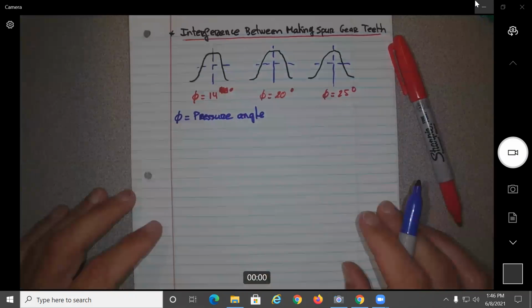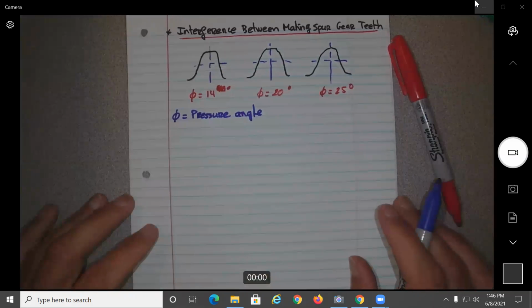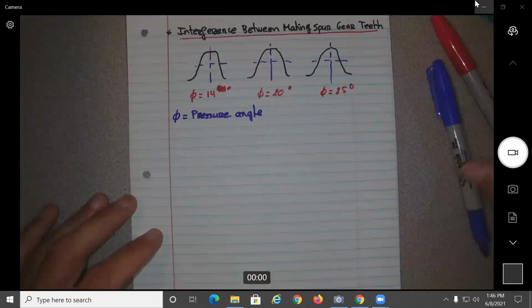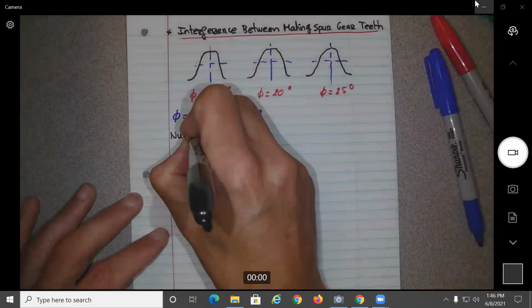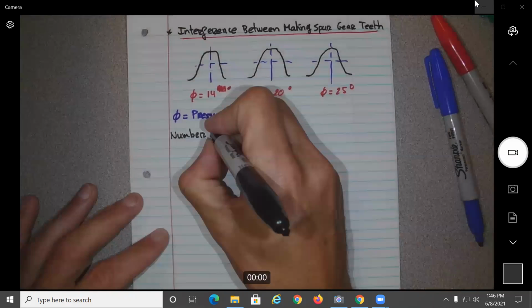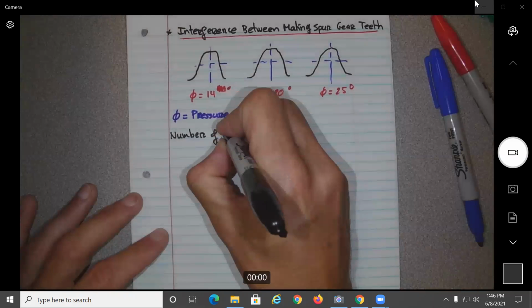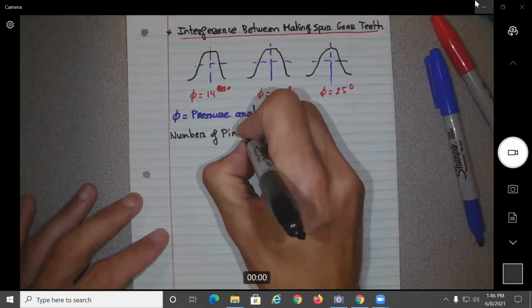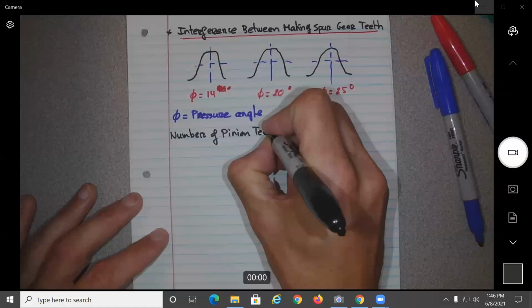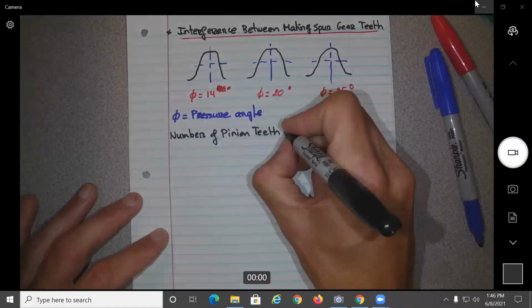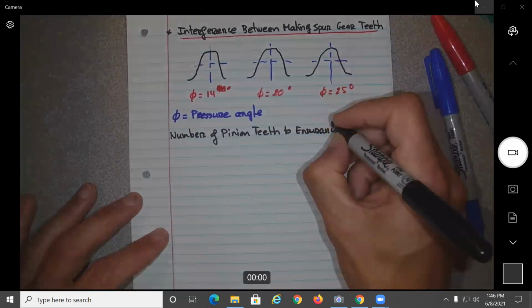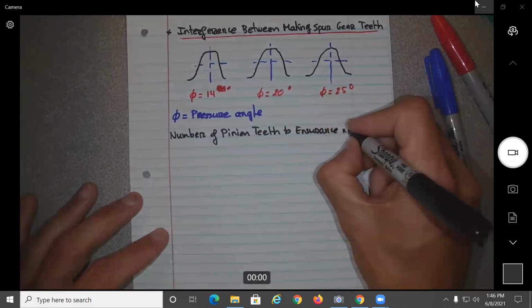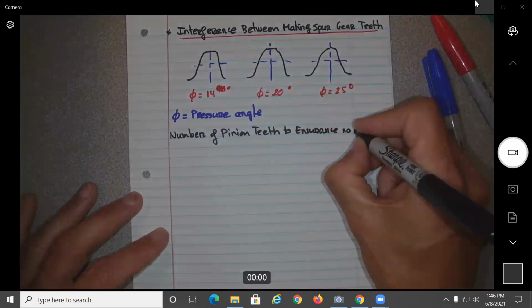So obviously, everything should be related. So just to give you an example here, I'm just going to give you a value here. So number of pinion teeth to ensure no interference.